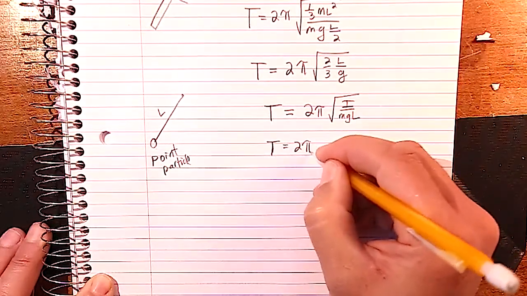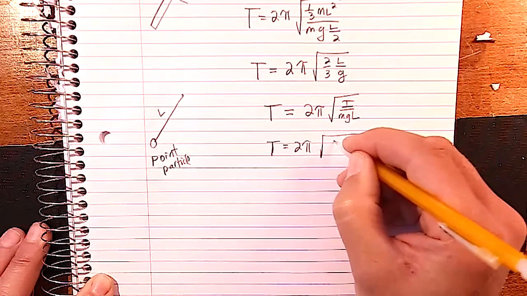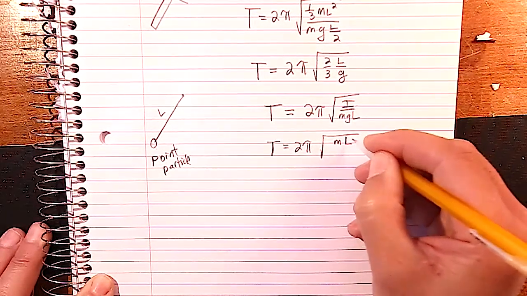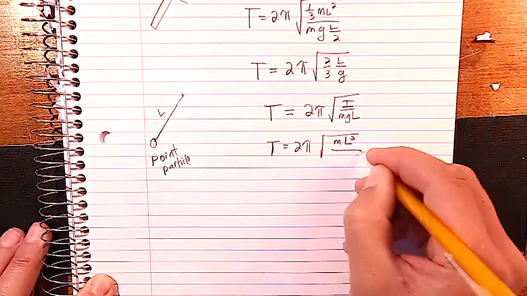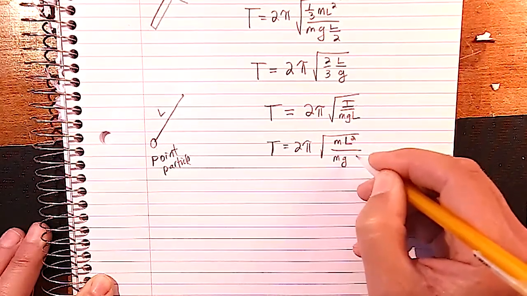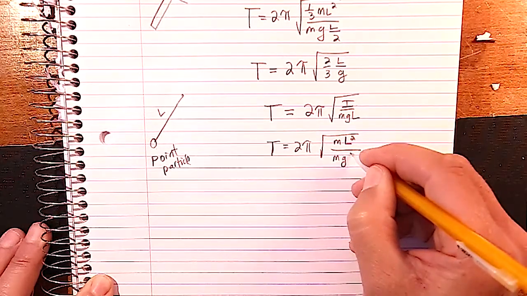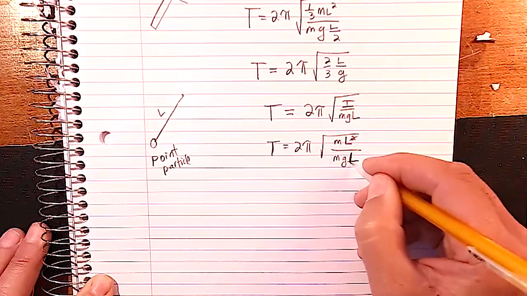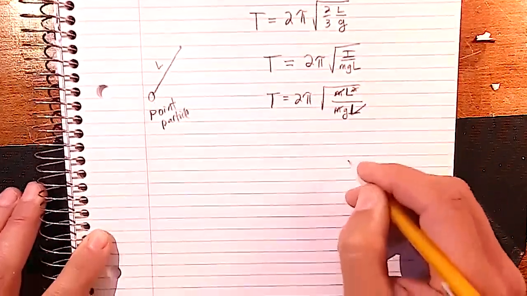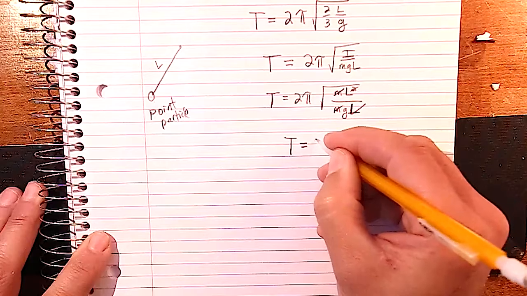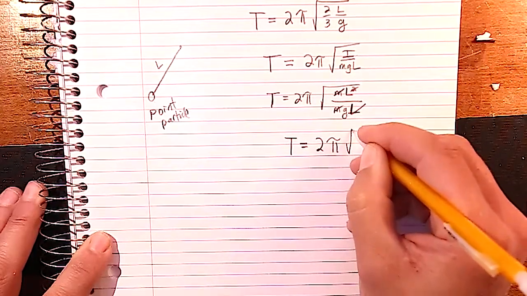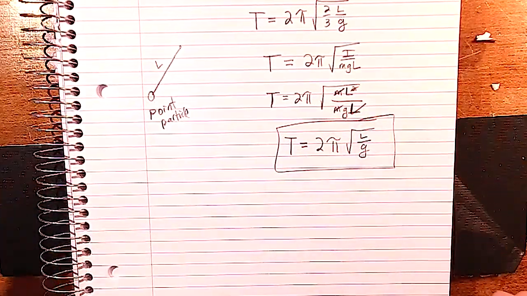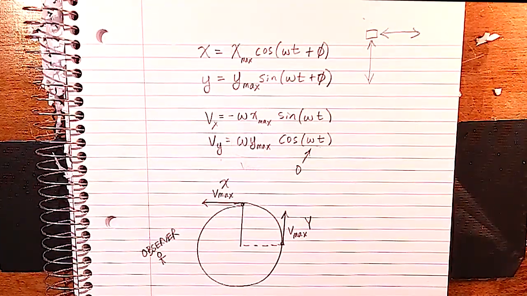Well, I of a point particle is mr squared, and our radius in this case is L, so that's mL squared, divided by mgL, and where's the center of mass? It is L away, so that's just L, and one of our L's will cancel, our mass will cancel, and as we would predict, T comes back to 2 pi radical L over g, which was the formula we derived before. Okay, this is very interesting.